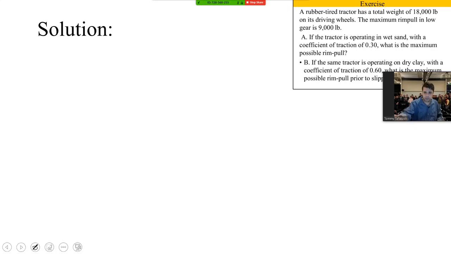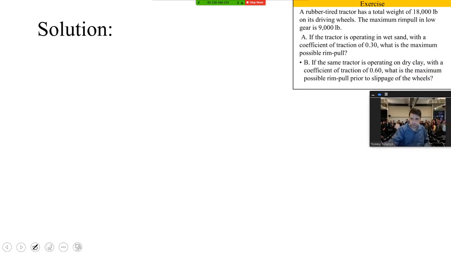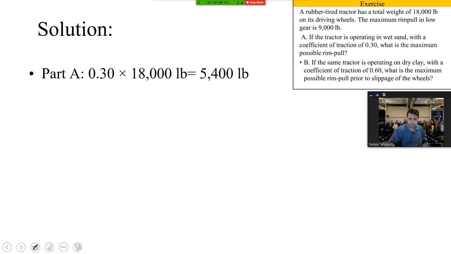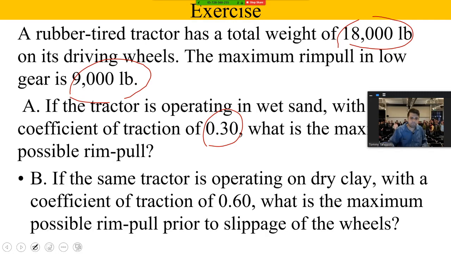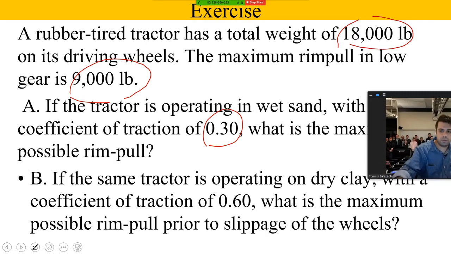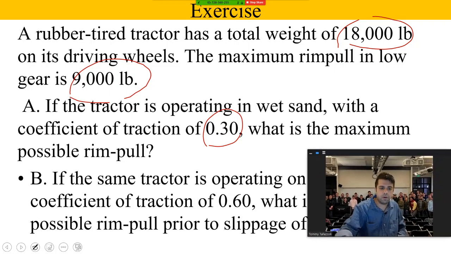You can still see the problem on top right, above my video. In part A, the problem was asking, if the tractor is operating in wet sand with a coefficient of traction of this much, what is the maximum possible rim pull?